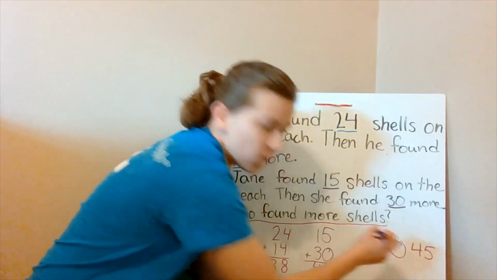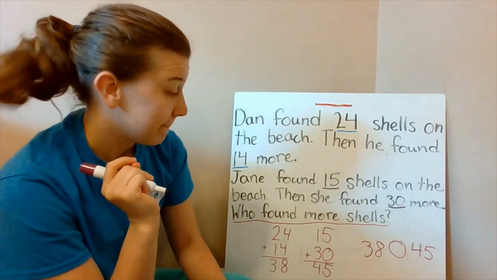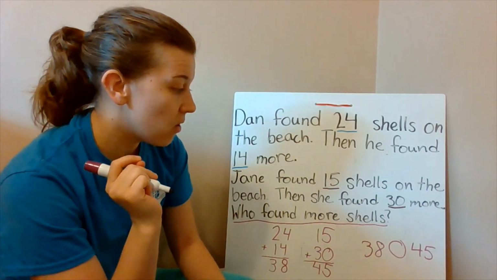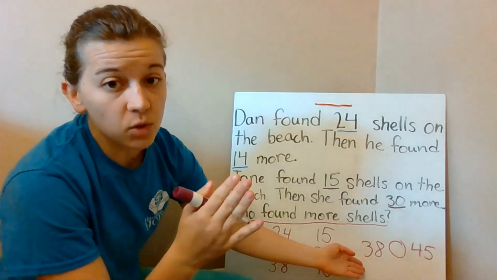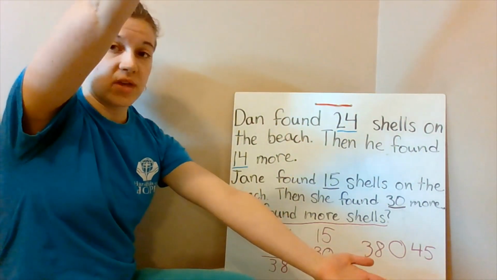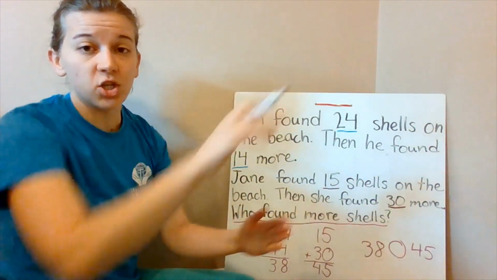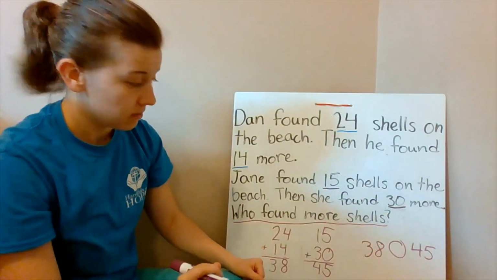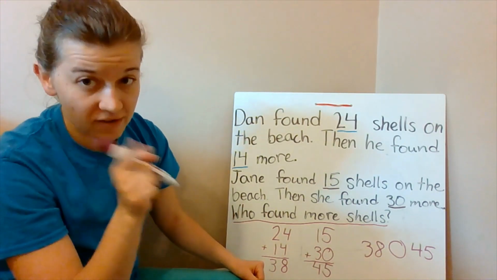All right, do you remember when we did less than, greater than, and equal to signs? So we need to figure out if 38 is less than, equal to, or greater than 45. Remember, the mouth of the alligator opens up towards the bigger number. So which way should the mouth be open? Towards which one? The 45, right?